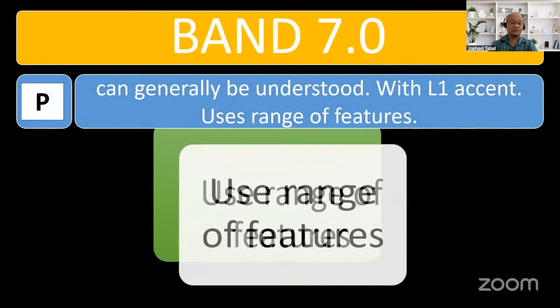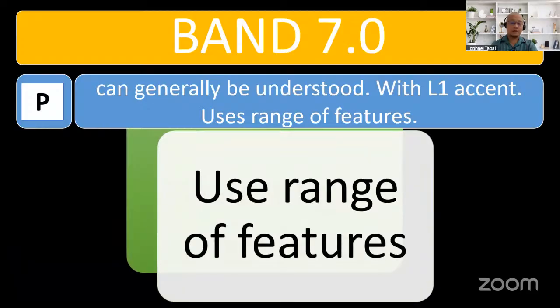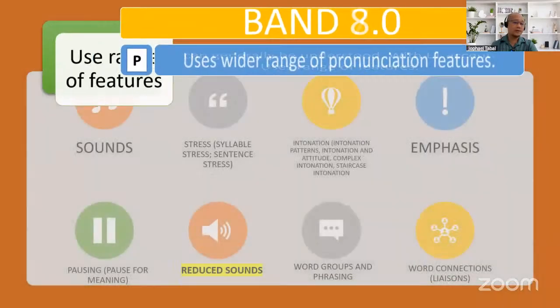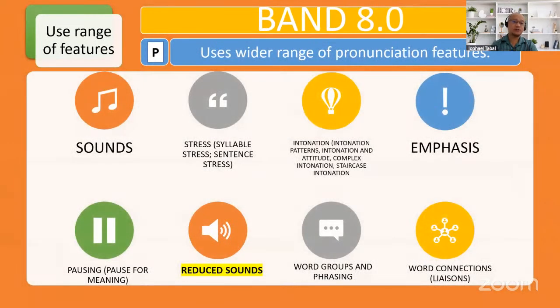Now let us explore the range of features in pronunciation. What are these range of features? These are the wider range of pronunciation features. We have sounds, syllable stress, and sentence stress.